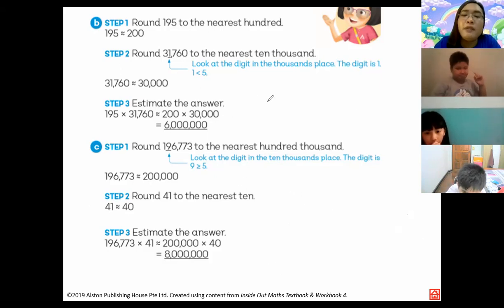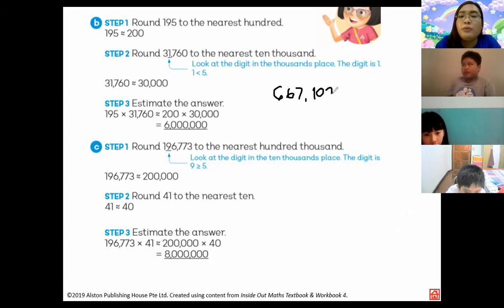I have, let's say, 667,102 multiplied by 78.